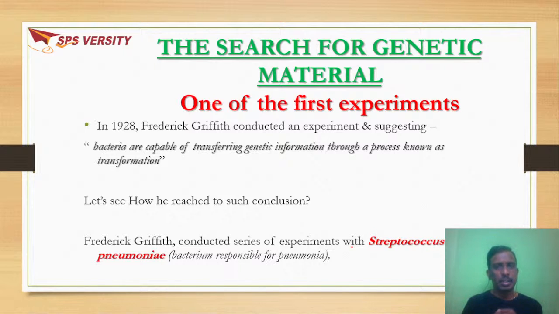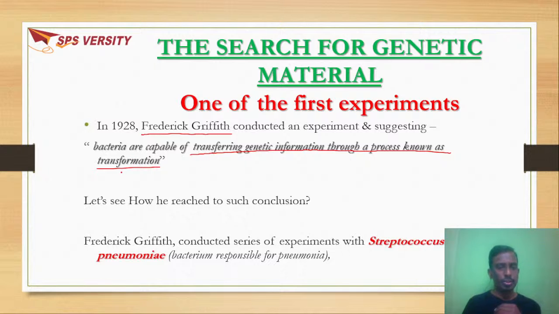One of the first experiments was conducted by Frederick Griffith in bacteria. According to Griffith, bacteria are capable of transferring genetic information through a process known as transformation.